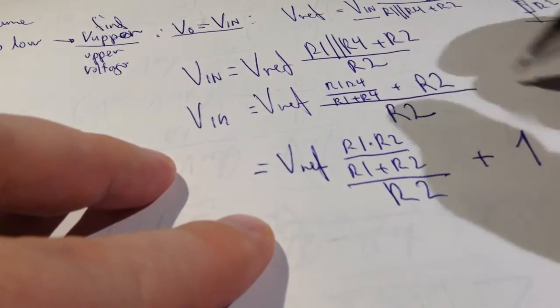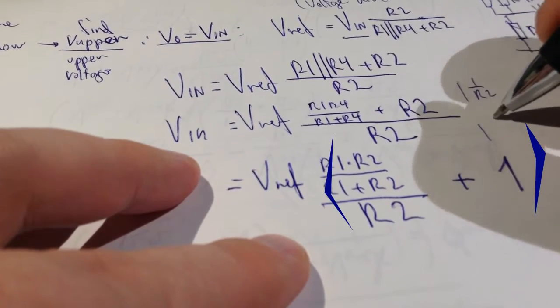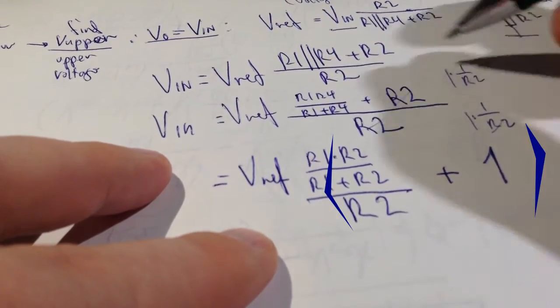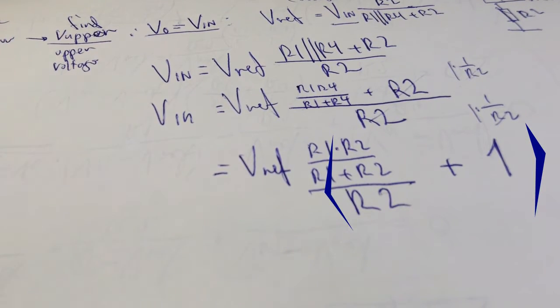What I'm doing here is dividing the whole equation by R2. I forgot to put parentheses on there, so I've just put it on the screen now. Sorry about that. Okay.